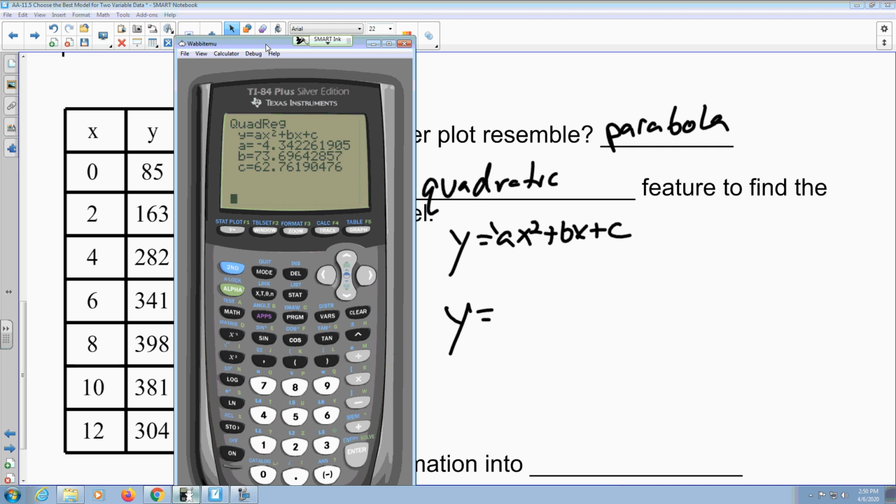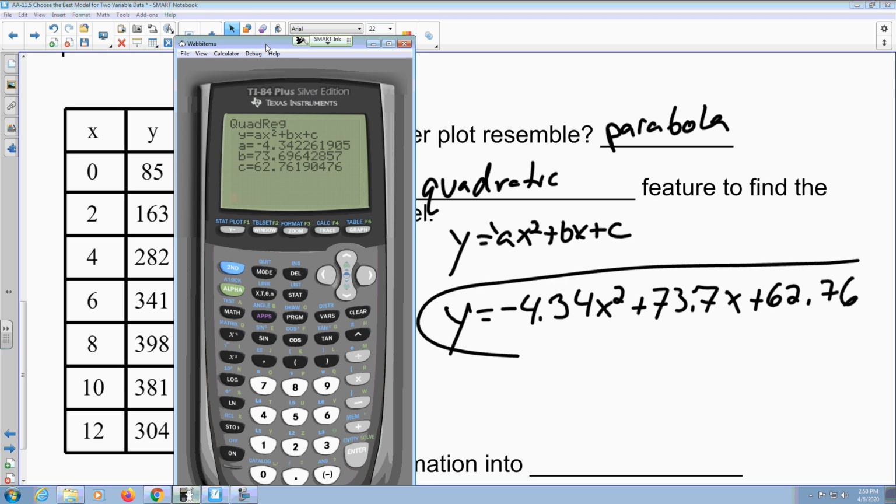Y equals negative 4.34x squared plus 73.7x plus looks like 62.76. And that would be my equation for that.